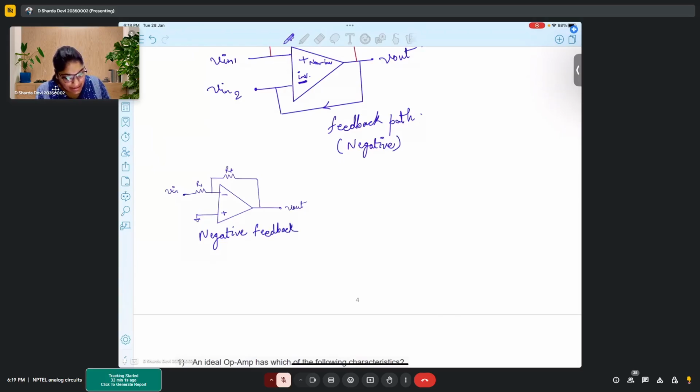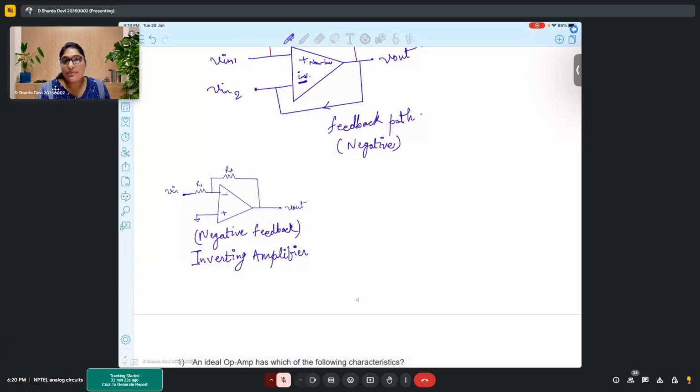And here I am giving input to my inverting terminal. Okay, so this is an inverting amplifier.